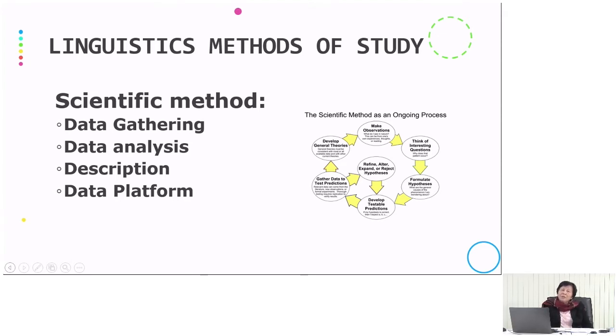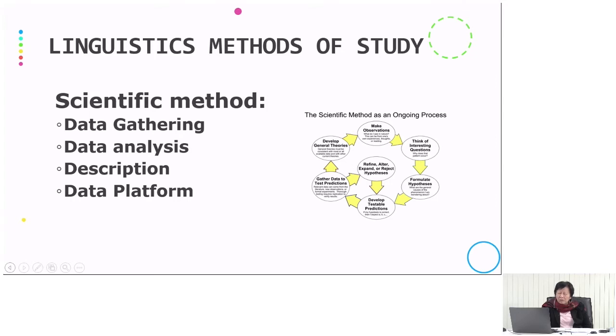So how can you get the true answer out of that? First of all, you have to get data. So data gathering is one kind of scientific method. You cannot just dream of something and then get the answer.